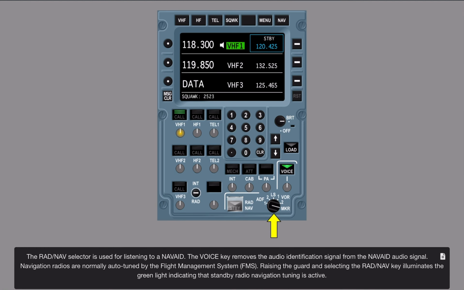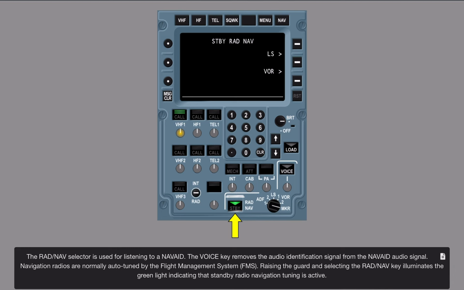The radio navigation selector is used for listening to a nav aid. The voice key removes the audio identification signal from the nav aid audio signal. Navigation radios are normally auto-tuned by the Flight Management System, FMS. Raising the guard and selecting the radio navigation key illuminates the green light indicating that standby radio navigation tuning is active.